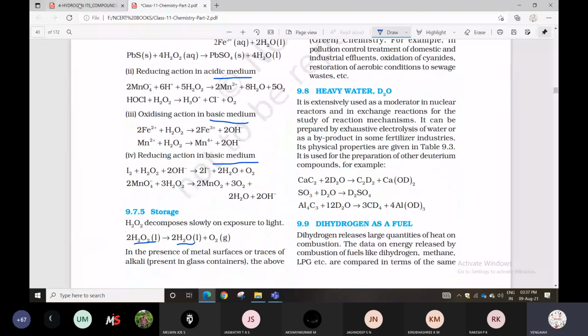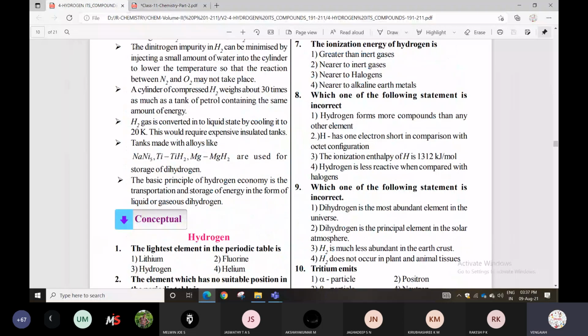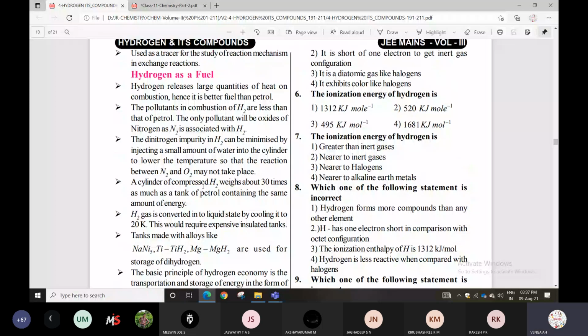Hydrogen releases large quantities of heat on combustion, hence it is a better fuel than petrol. The dinitrogen impurities in H2 can be minimized by injecting a small amount of water in the cylinder. Next, lower the temperature so that reactions between N2 and O2 may not take place.